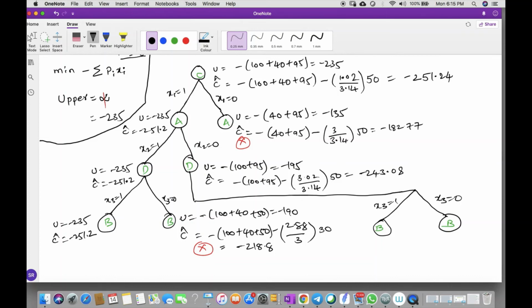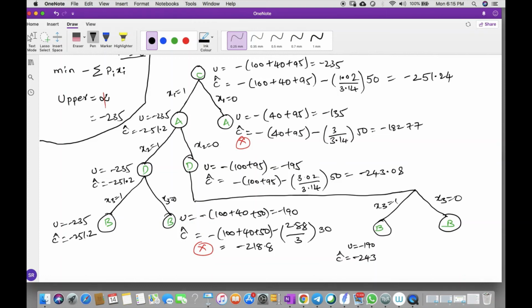When x3 is equal to 1, the solution is 1, 0, 1. So when we compute in the similar way, what we get is U value as minus 190 and C cap value as minus 243. So this is similar to what we have here. So there is no change.